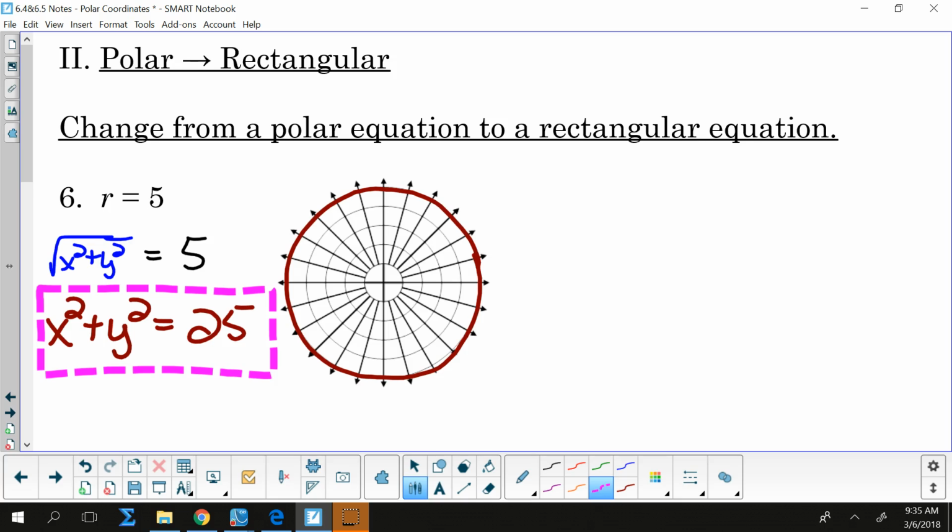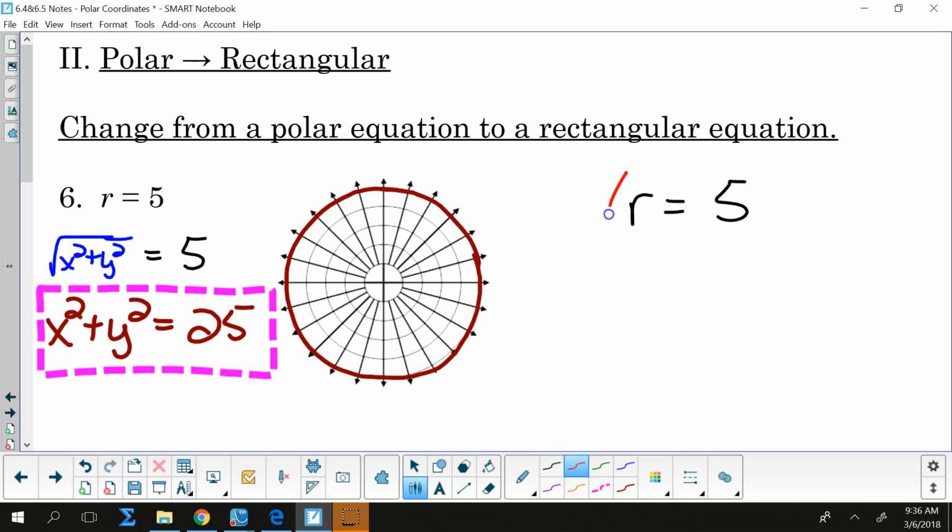What if I did some other funky algebra right from the start? Because remember, the golden rule of algebra is what? What's the golden rule of algebra? You learned it way back when you were in 8th grade or a freshman. What you do on one side, you got to do the other, right? So could I go back here and say r equals 5?